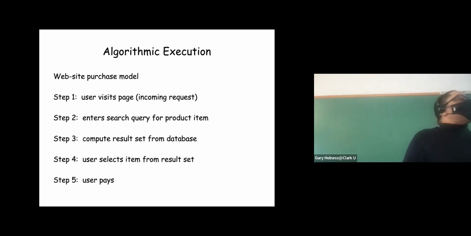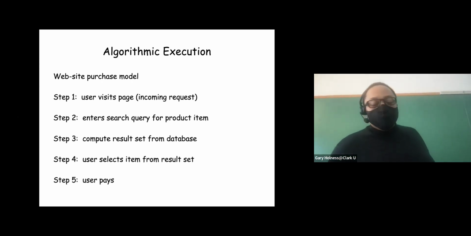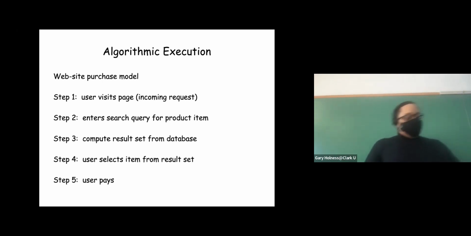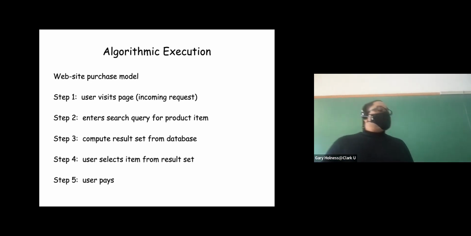And then you see this result set. You see, maybe the 500 megabyte version, the terabyte version that you can never find. That takes time, okay? And then you browse through it. You click on one of these items from the result set displayed by your browser, returned back by the server. That takes time. So then you add it to your shopping cart and you go ahead and you pay for it. That takes time. So each one of these steps takes time, and time is described by an exponential distribution, okay?